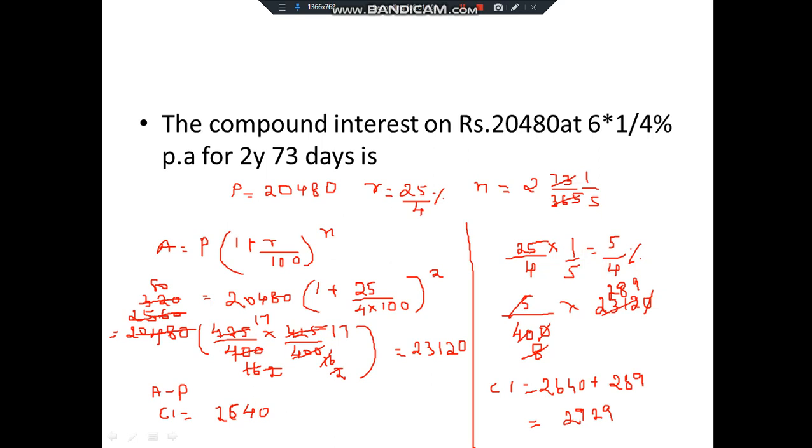So 5 by 4% of your amount. So the amount is 23120. When you do it, you will get the value as 289. So on adding up both, you will get the compound interest for 2 years and 73 days, which is 2929. Try to solve it by yourself.